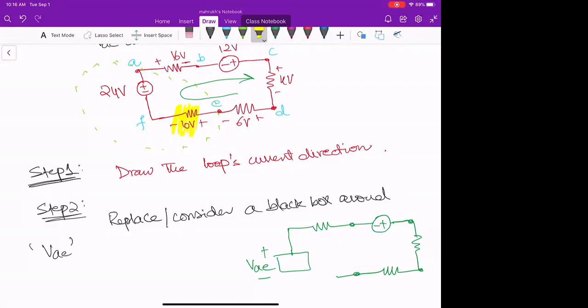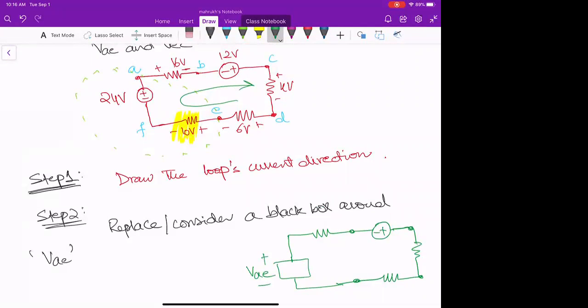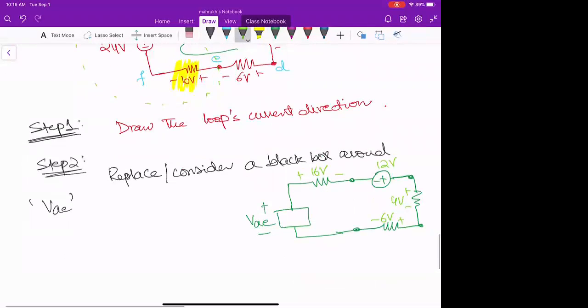Yes, that's true. So it should be in the box, so we should not include it here, okay? So I just write it here like this. So now we know this black box is VAE, right? So we will just write the rest of the things. Okay? And let's write the equation.